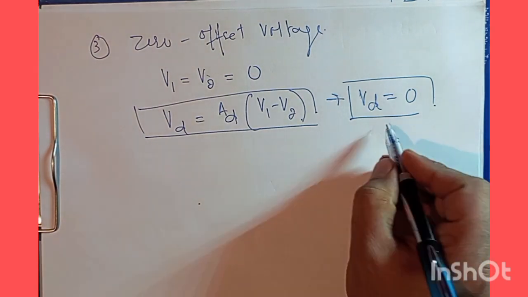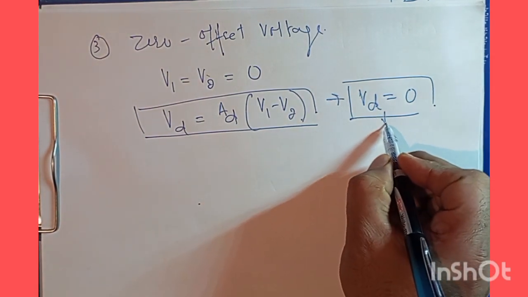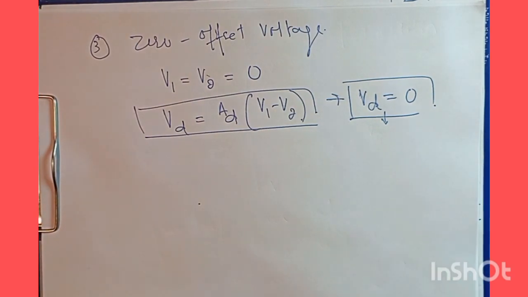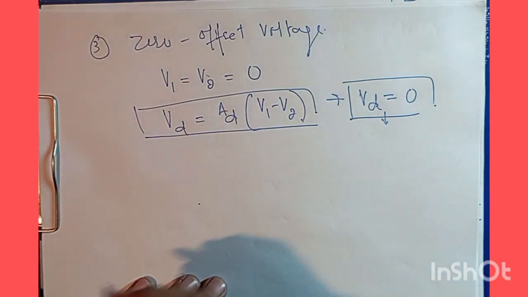Now this VD is my output voltage, right? This VD is the output voltage. So ideally the output voltage of this kind of system should be equal to 0. But that's not the case. So this VD should ideally be equal to 0, or Vout, you may also call it.